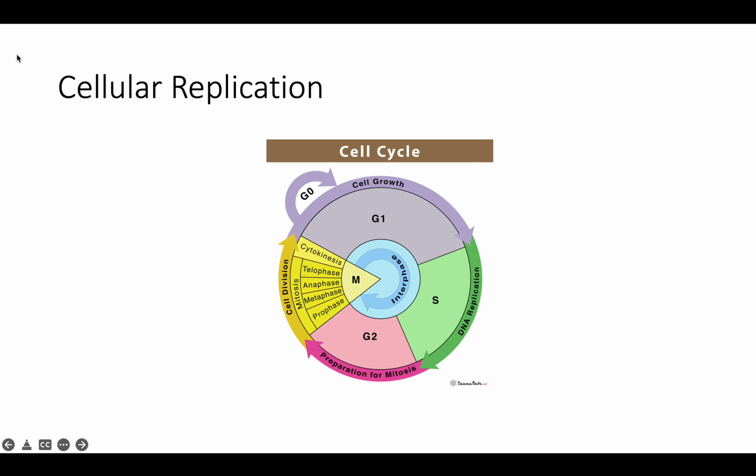A lung cell in a pancreas is not a functional cell. It can't do the job of the lung cell in a different area of the body. So it's a deviation from that cell cycle and cellular replication.